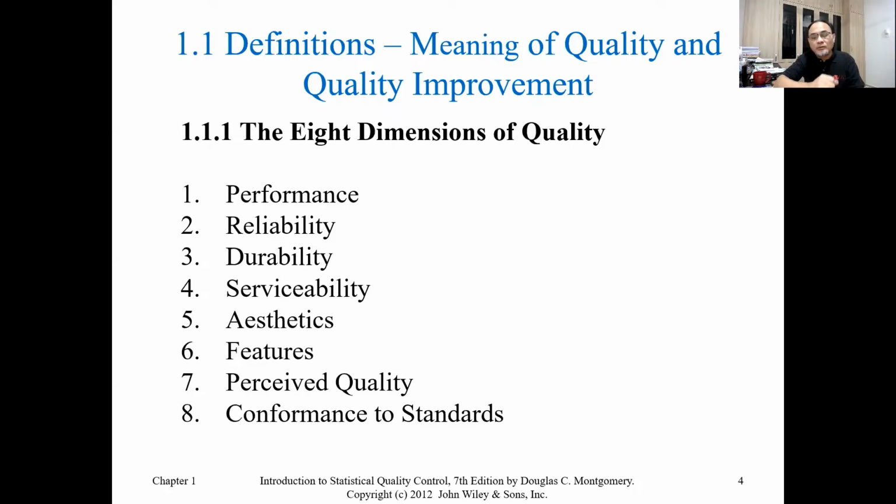Durability, how long, how good the product is at withstanding shocks and harsh environments. Serviceability, the ability for the product to be easily serviced. That is also part of the quality dimensions.